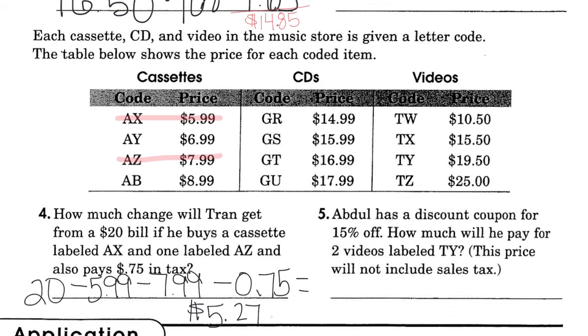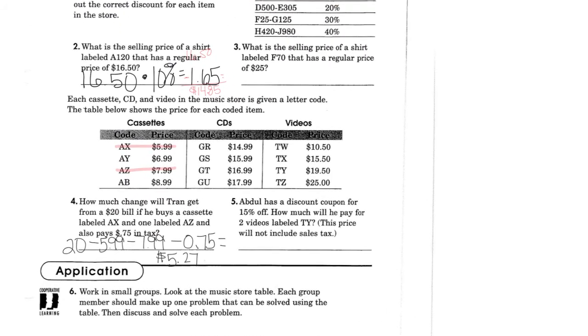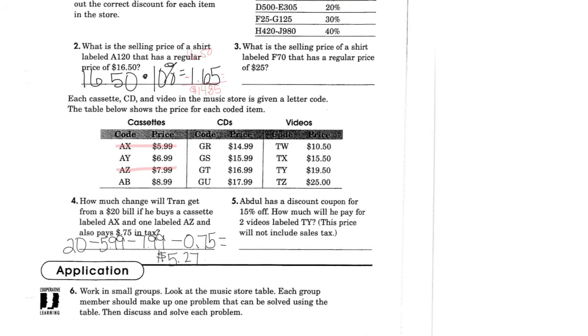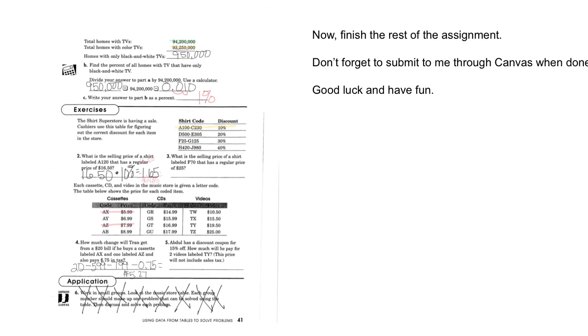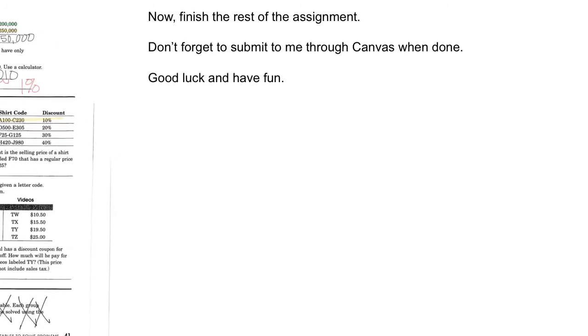You are going to have to make sure you have both of those problems written down. You're going to have to finish 3 and 5. Now, if you're watching this video, that means you do not have to do this bottom part. So you're going to do an entire 2 problems to finish up this assignment.